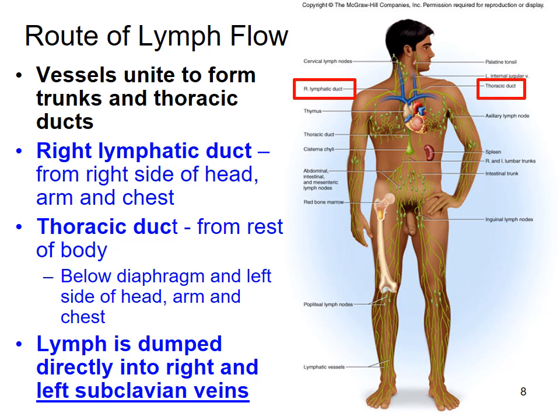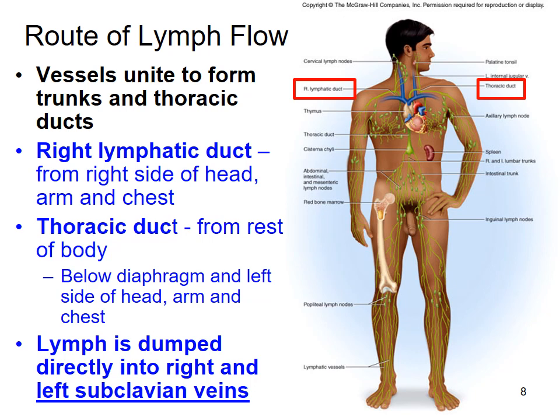Also notice how some of them have these kidney-shaped structures on the lymphatic vessels. Those are your lymph nodes, and they are very important because that is the location where we're filtering our lymph and activating our immune cells if need be.